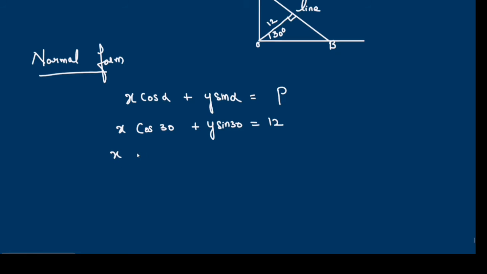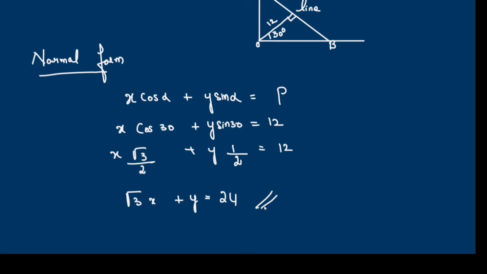So x into cos 30 is root 3 by 2 plus y into sin 30, 1 by 2, is 12. So take the 2 to the other side, you get root 3x plus y is 12 into 2, 24. So that's the answer. That's all. It's a very simple question.